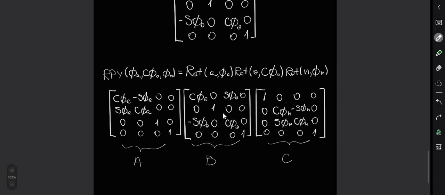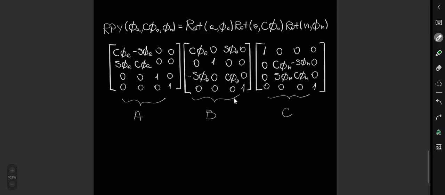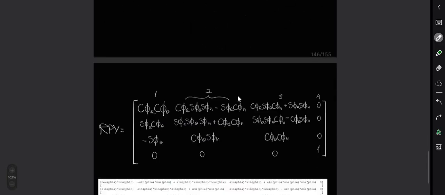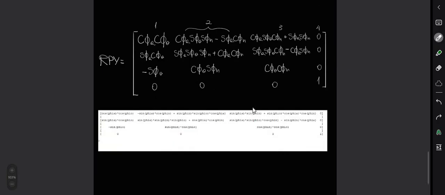Applying these three angles of rotation, we can write this RPY matrix and also write this transformation equation. And as both of these matrices with their respective angles are defined, RPY is also going to be defined.